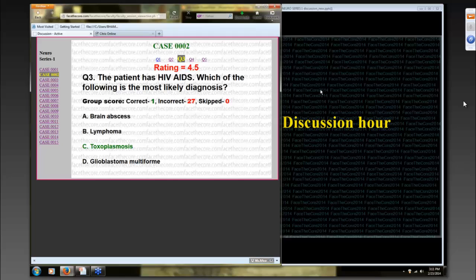Okay, and then it's the same question asked by a couple of people. Case 4, question 5. Can you say why this is early hydrocephalus? What are the clues on the actual image for early hydrocephalus in this question? See the atrium of the lateral ventricle and the frontal horn of the lateral ventricle.